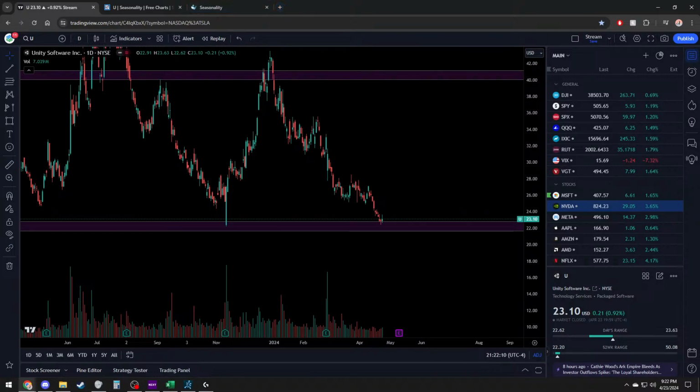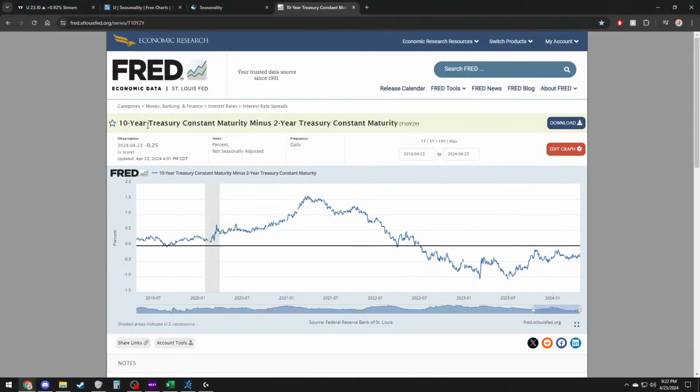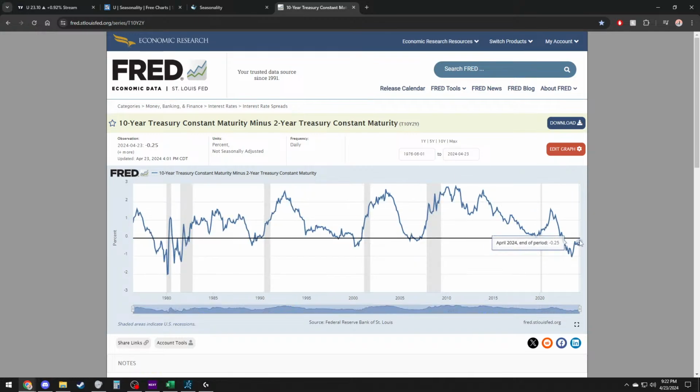Another thing that I've mentioned before on this channel is the 10-year minus the 2-year, so the inverted yield curve for the treasuries. We're still inverted. This is basically the 10-year treasury yield minus the 2-year treasury yield, and you get this chart here.